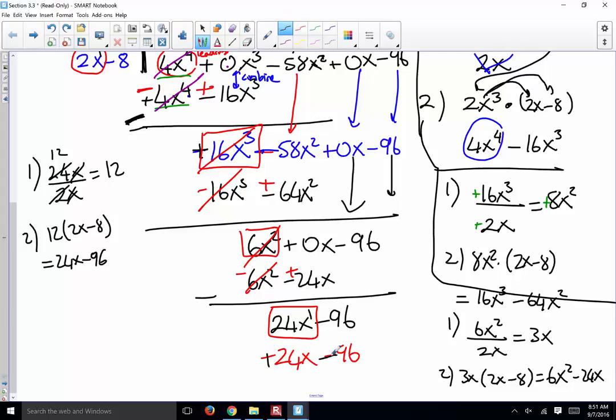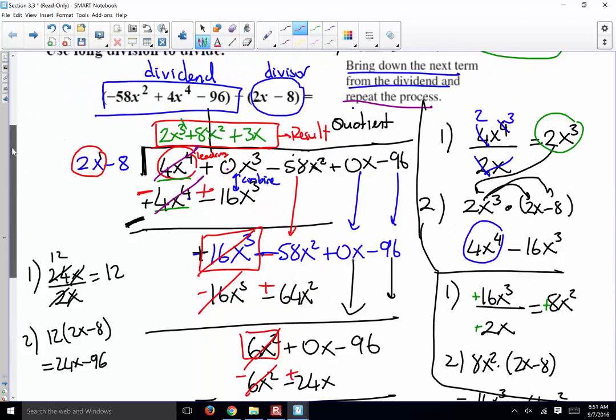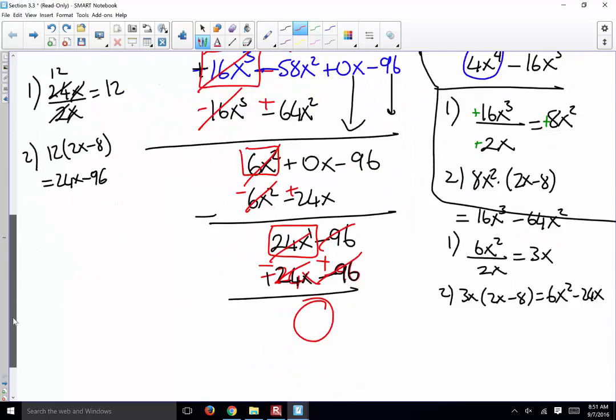When I flip the signs, oh my god, it has 0 remainder, nothing left. They all cancelled. So my result is this. This is how I write this answer.